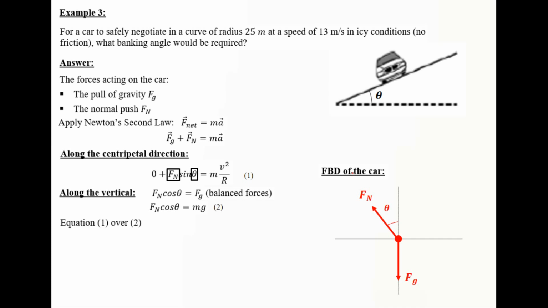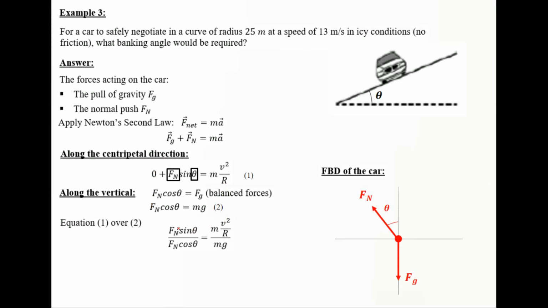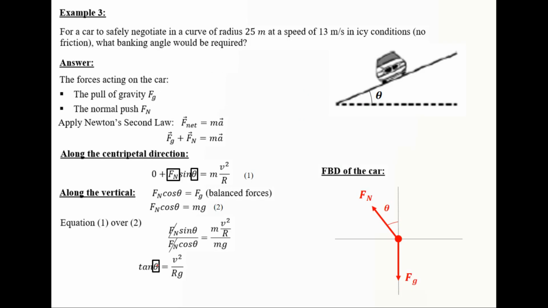Now we divide equation 1 over equation 2: Fn sine theta over Fn cosine theta equals mv square over r divided by mg. Notice that Fn with Fn cancel, and sine over cosine gives tangent theta, which equals v square over rg.